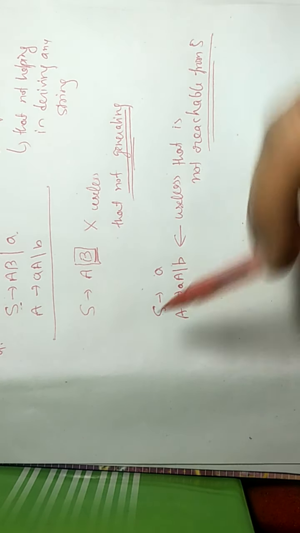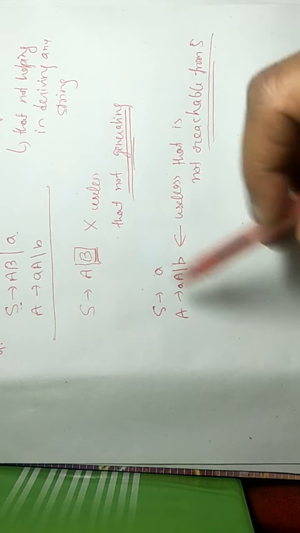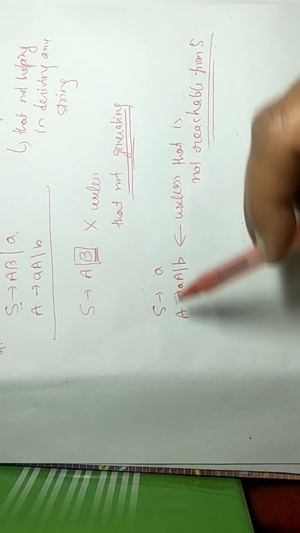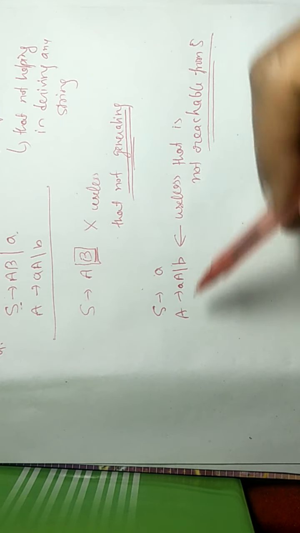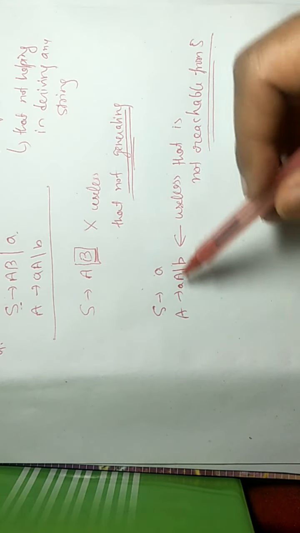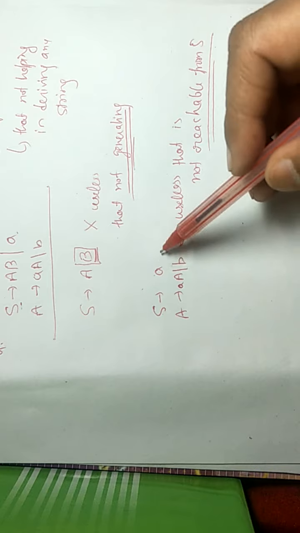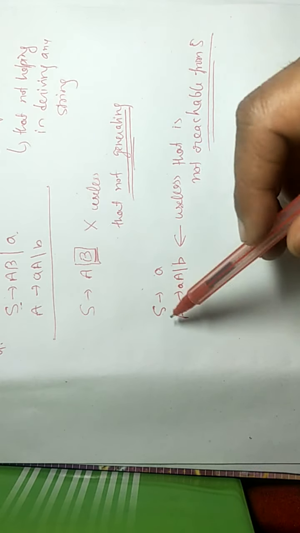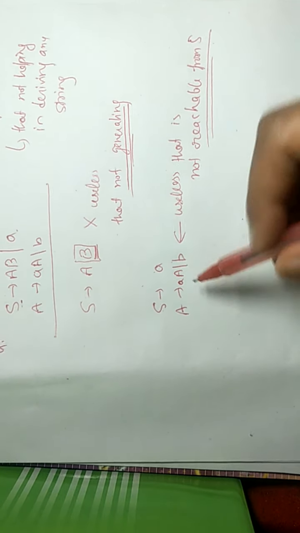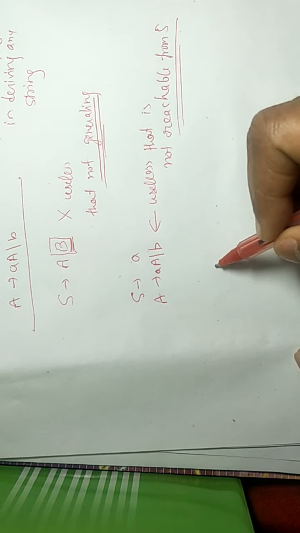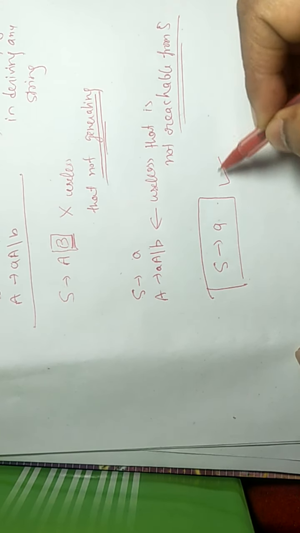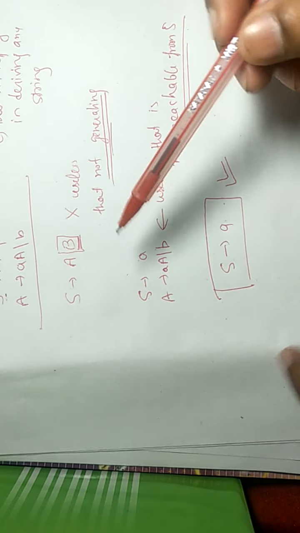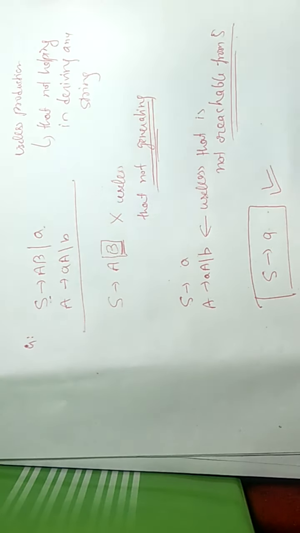While deriving any string from S, we will never use A, because A is not reachable. So it is also useless. So this is the final answer. These two productions are useless.